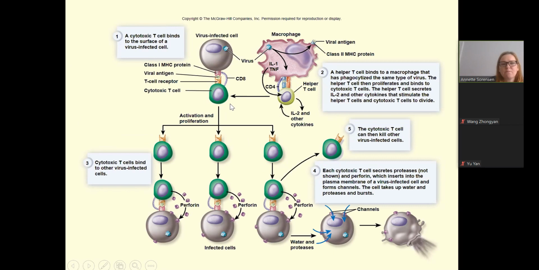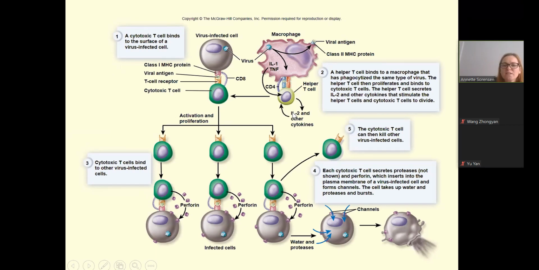Okay, so really we've got the very same at the top of this figure here. We have our cytotoxic T cell, which is bound to the cell which is expressing the virus. And we have our helper T cell here, which is bound to the MHC2 complex, which has been complexed to the same viral antigen as the one which is presented by, or being picked up by, the cell here.